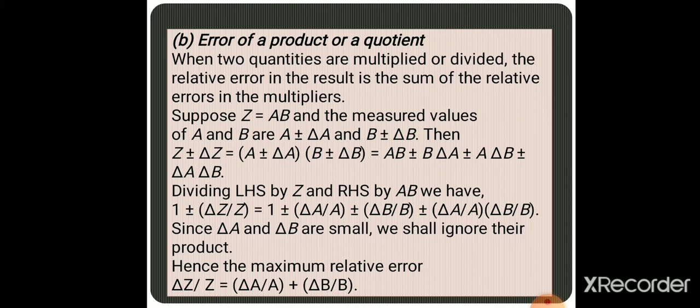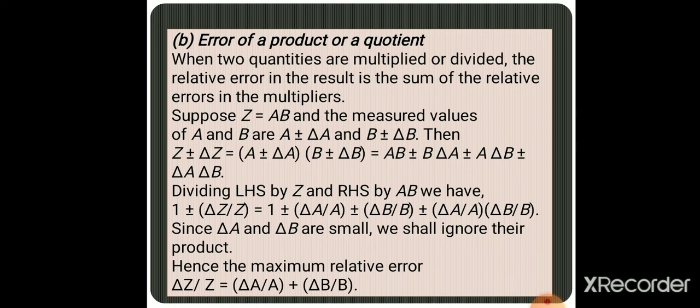For example, if Z is equivalent to AB, where the absolute errors in A and B are A plus or minus delta A and B plus or minus delta B, then Z plus or minus delta Z is equivalent to A plus or minus delta A into B plus or minus delta B. Dividing the LHS by Z and the RHS by AB, which is again equivalent to Z, we have 1 plus or minus delta Z by Z is equivalent to 1 plus or minus delta A by A plus or minus delta B by B plus or minus delta A by A into delta B by B.